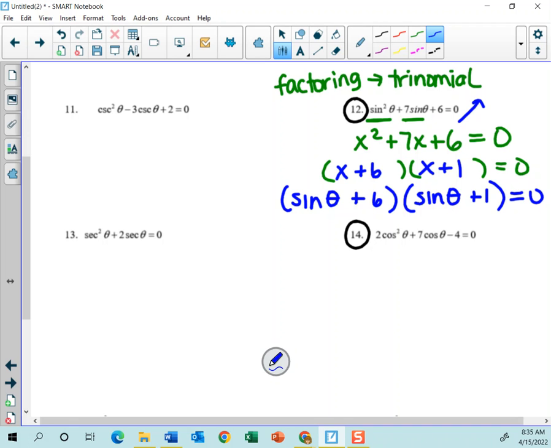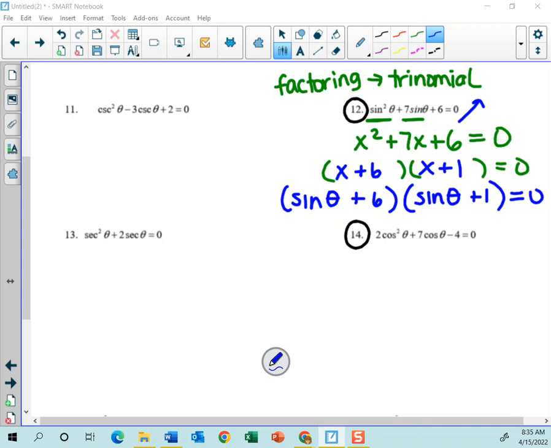Basically, x is representing the sine theta. Same kind of factoring we've been doing since the beginning of the year, when we did our rational functions in Unit 1B, when we did our polynomial functions in Unit 1A. We used factoring to come up with holes and domain values and all those different types of things.